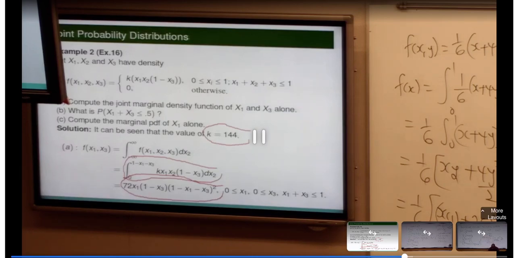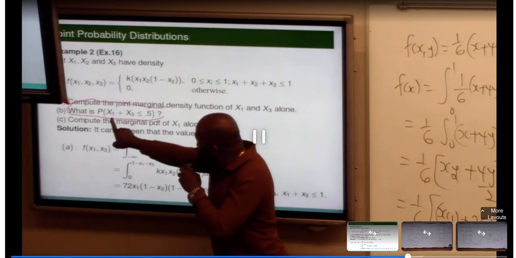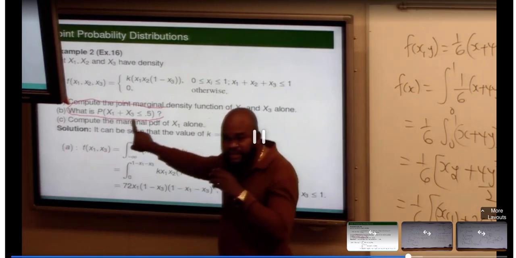Now the next thing is asking me to do what? Look at question B. Let me tell you this. When you get question A wrong, question B will be wrong. Because question B focuses on S1 and S3.